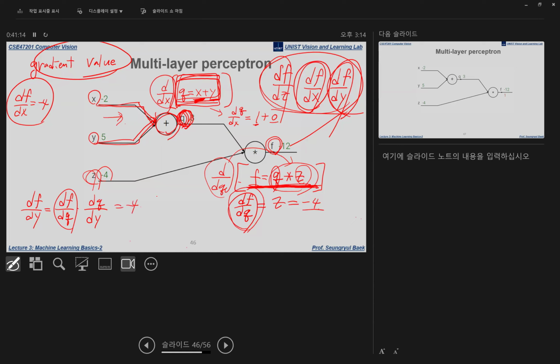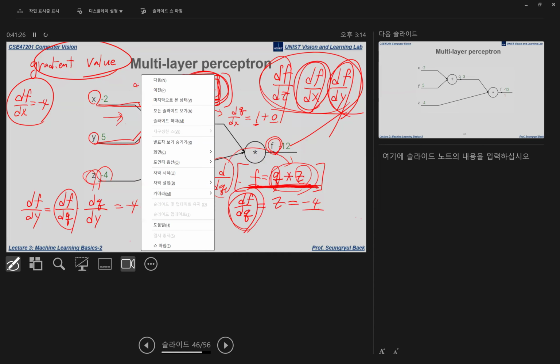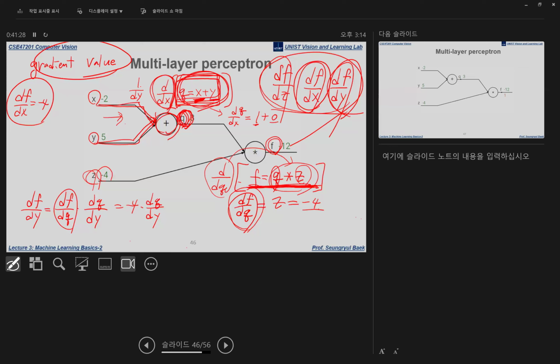And the thing we have to calculate is dq/dy. Now, instead of applying d/dx, we apply d/dy to this formula to calculate dq/dy.